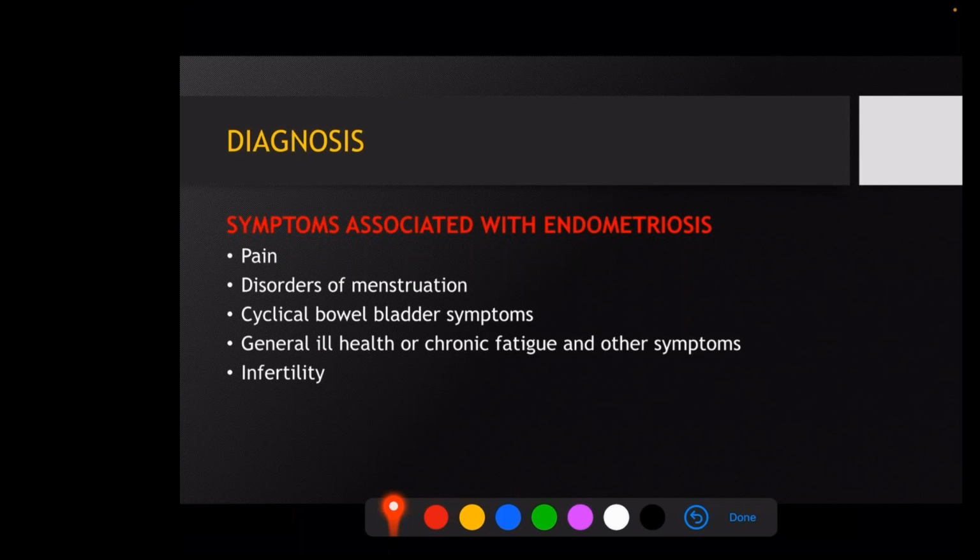But one third of cases may be asymptomatic, or the disease is advanced and accidentally discovered during laparotomy or laparoscopy. Again, on pelvic palpation, adnexal tenderness, adnexal masses, or tenderness and nodularity over the uterosacral ligaments can be suggestive of endometriosis.